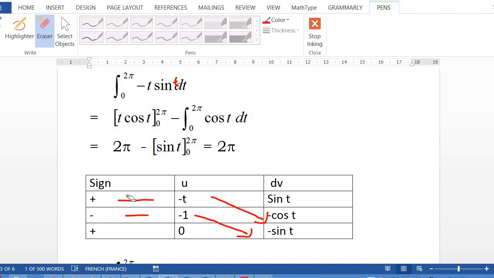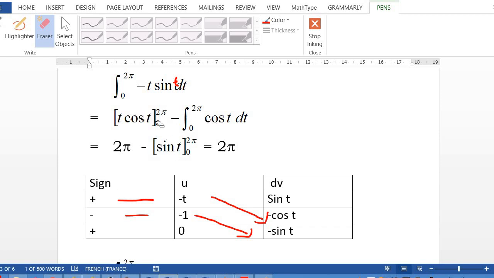The result follows the slanting arrows that I draw here. So you have positive times negative t times negative cos t, that's why I have t cos t, and then negative times negative times negative, so negative sin t.